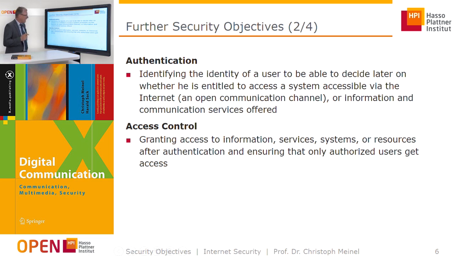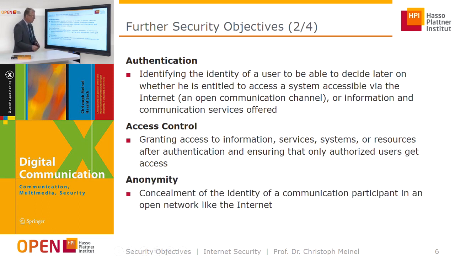Access control. Access control is granting the access to information, to services, to systems or resources, and it is a step after the authentication. After the system knows this is user XY, then access control can make a decision whether this user XY can get access to this data or to that resource.